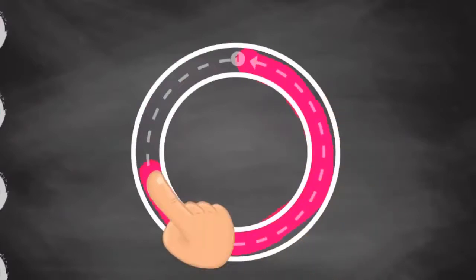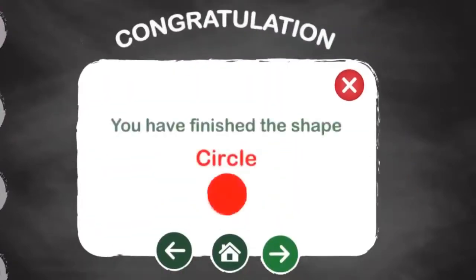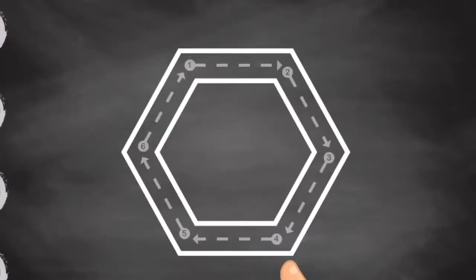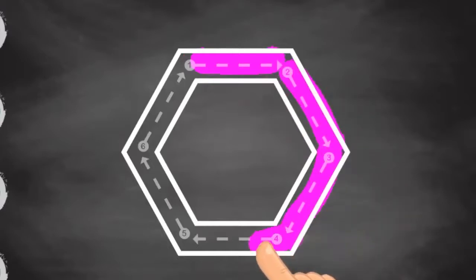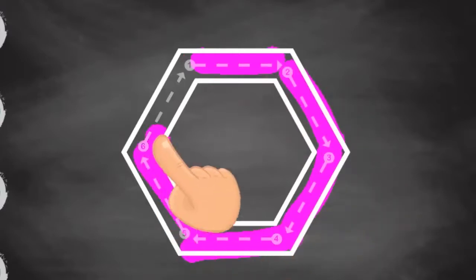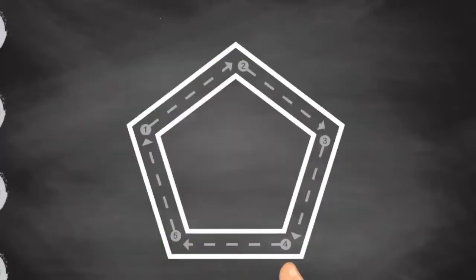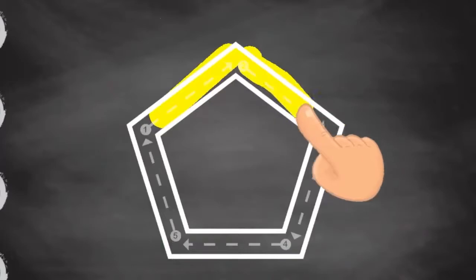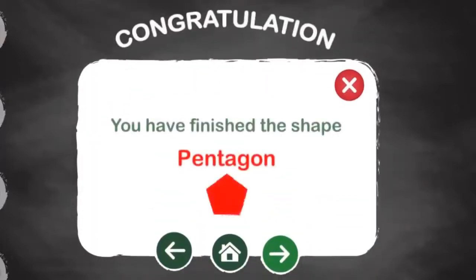That is a circle. That has too many sides. 5, 6 sides. That's a hexagon. 1, 2, 3, 4, 5, and that's a pentagon. 5 sides.